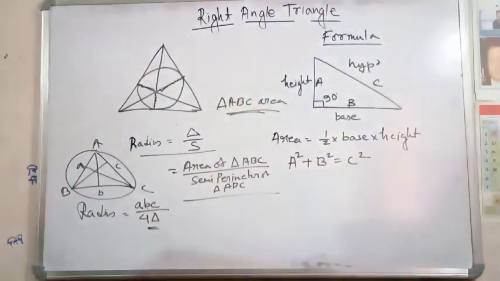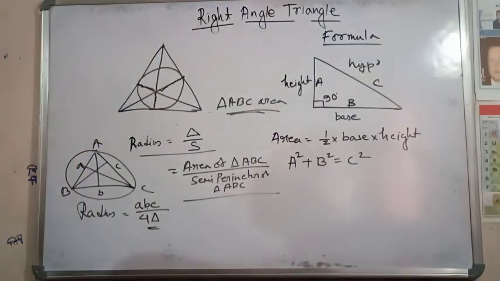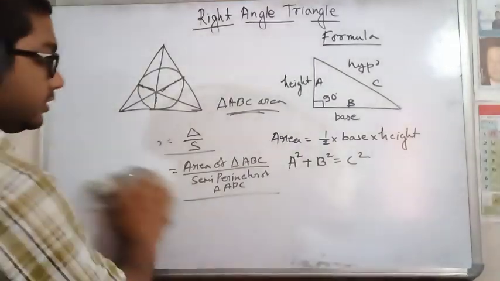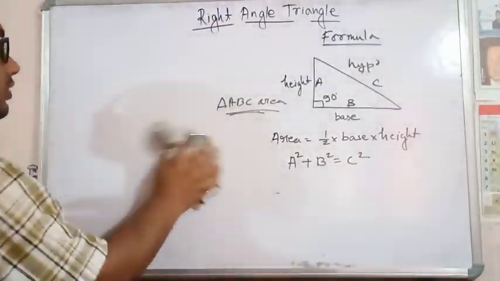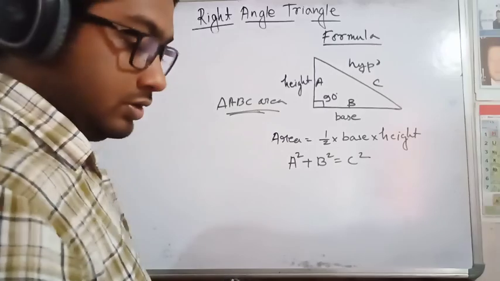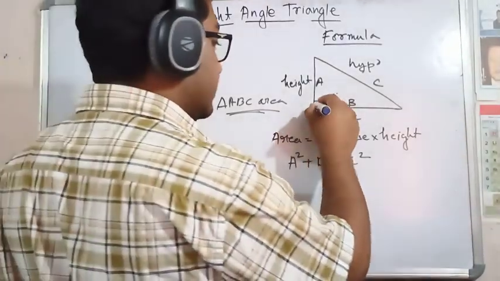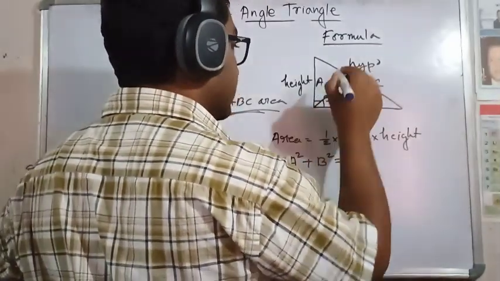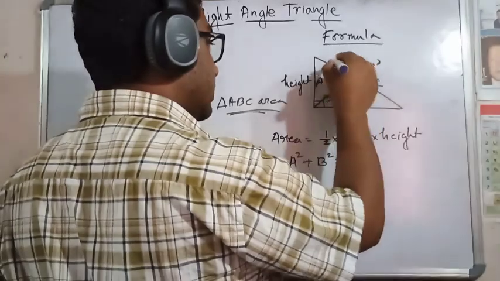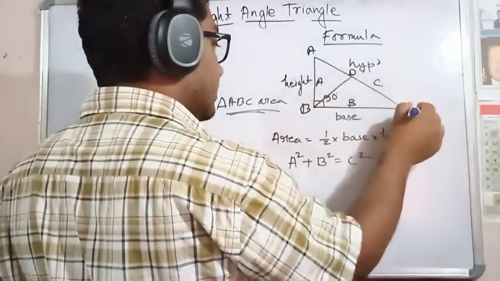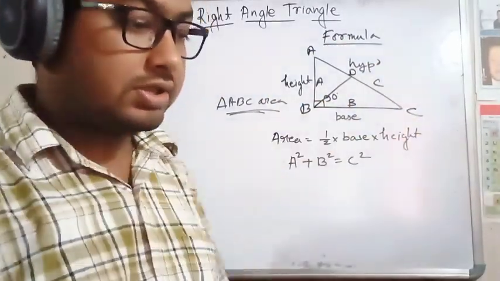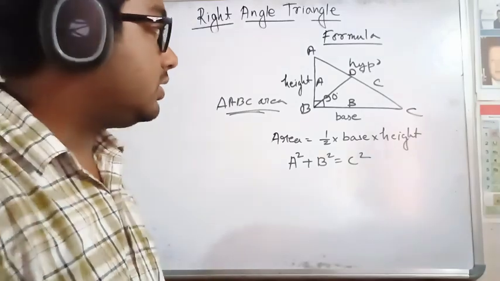Okay, you must take a screenshot of these two formulas. Now, when the bisector of this, find out this is D, A, B, C. This is the bisector of this.